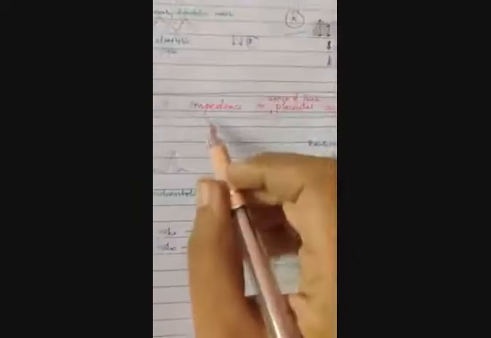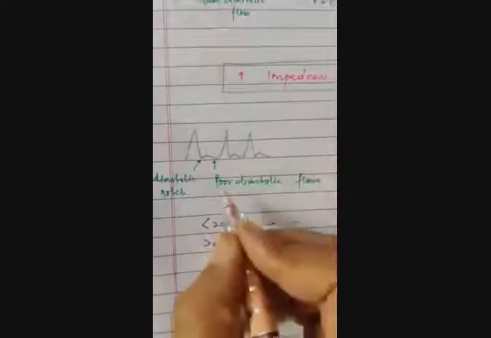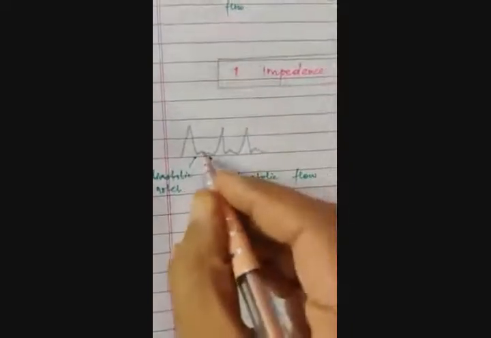The most important part, when there is impedance in either of these flows, uteroplacental or fetoplacental. This is what was happening normally, and look at it now. Poor diastolic flow.